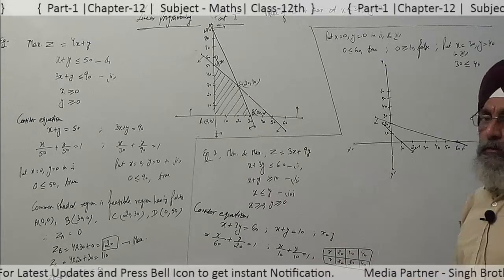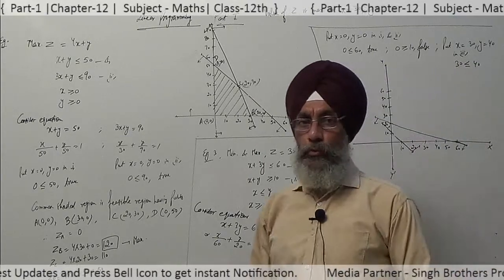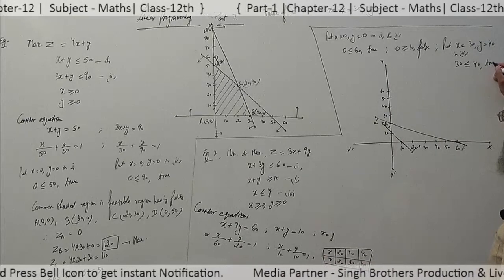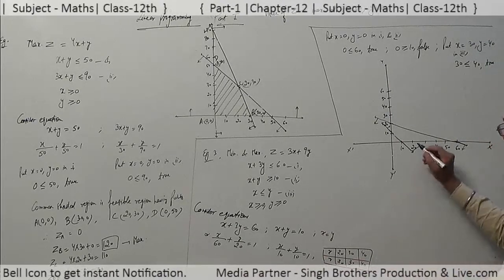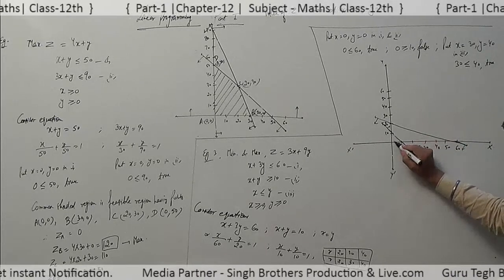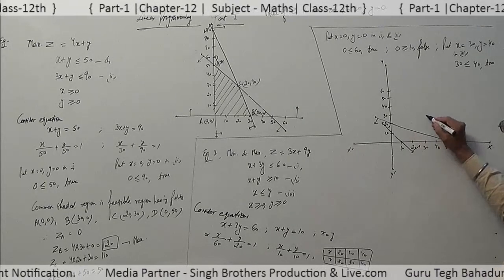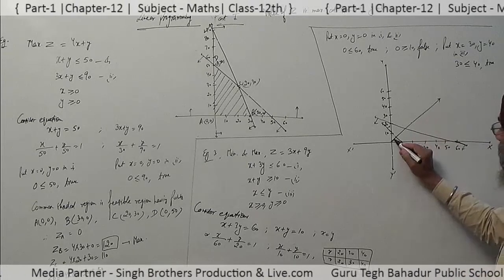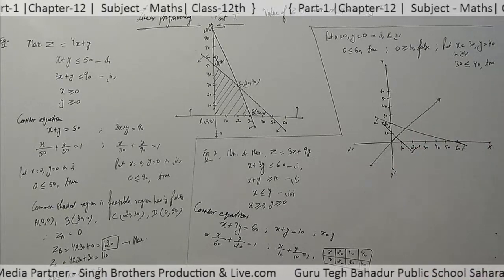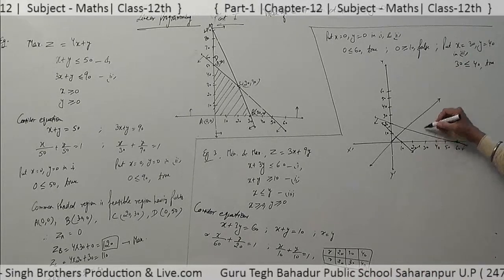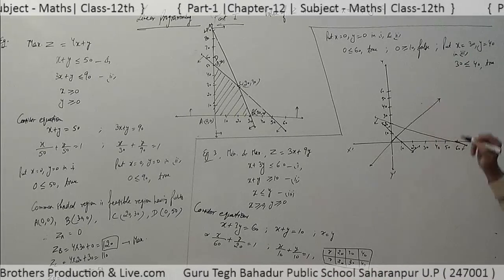True or false? 30 is less than 40, it is true. We have to make a line also here, 20, 20, 30, 30 and 40, 40. It becomes a point here, so the line goes like this. It is true for the point 30, 40, x 30 is this, y 40 is this. This is our point 30 and 40.